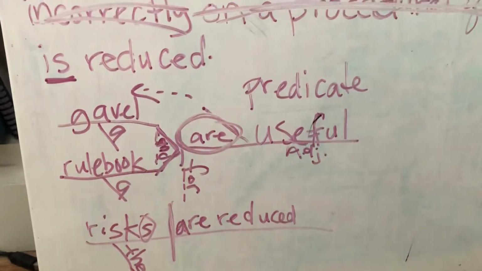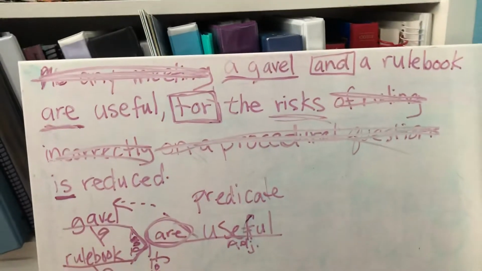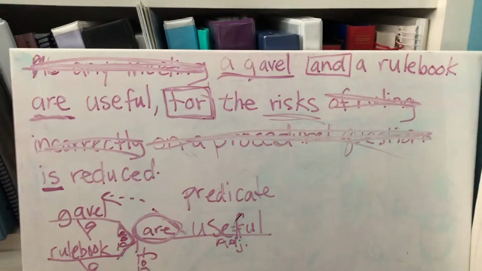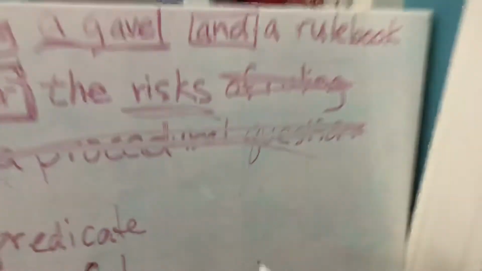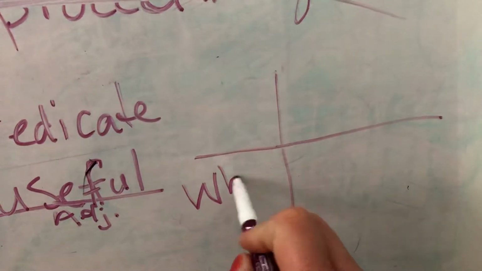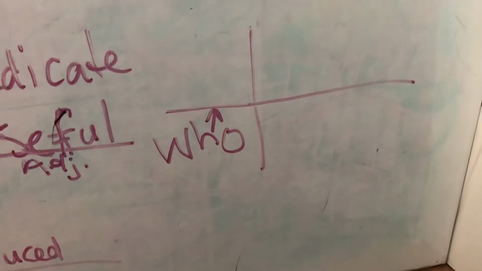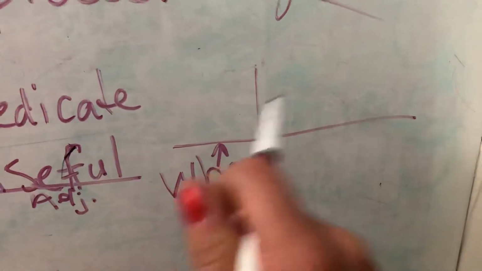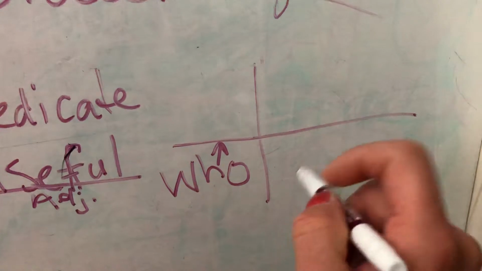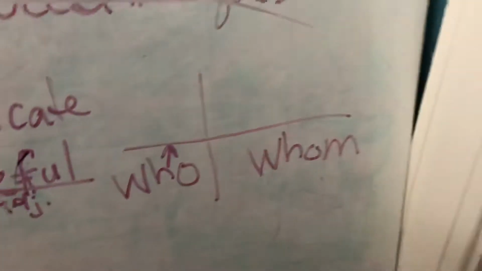So that's why I like to say that it's really good to understand prepositions and how they work in a sentence, because it's going to help eliminate a lot of things. And later on, also with "who" and "whom," okay, "who" is related to the subject part of the sentence, and "whom" is in the predicate part of the sentence.